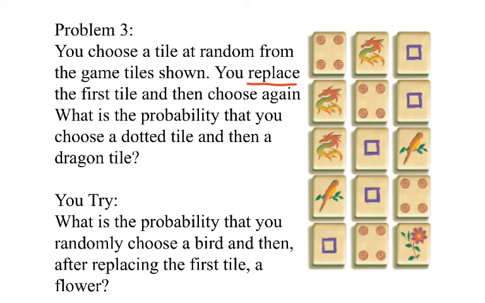This will be the probability that we choose a dotted times the probability that we choose a dragon.